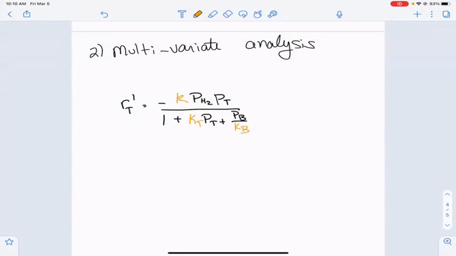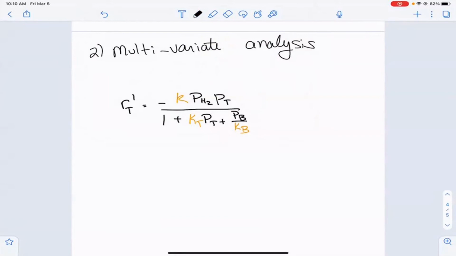What we're going to do in a multivariate analysis is that we have the experimental data that gives us the real reaction rate. So we want to find values for K, KT, and KB that minimize the error for all of the data, the entire data set that we're talking about here.